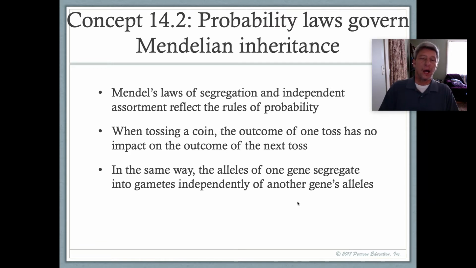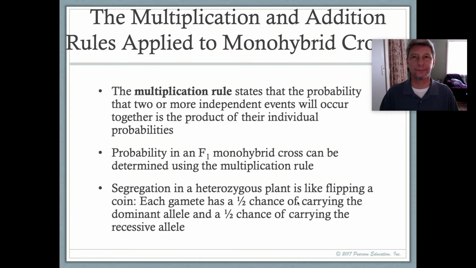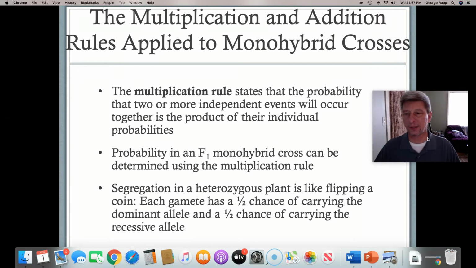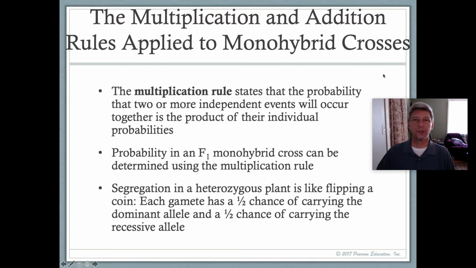In the same way, the alleles of one gene segregate into gametes completely independently of another gene's alleles. And so the probability of one is in no way related to the probability of the next. Now, if you recall from your math class, these rules are called the multiplication and addition rules.